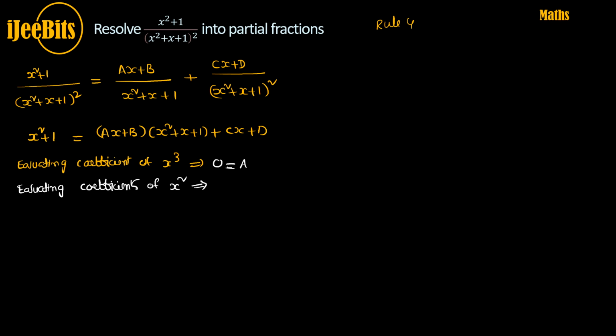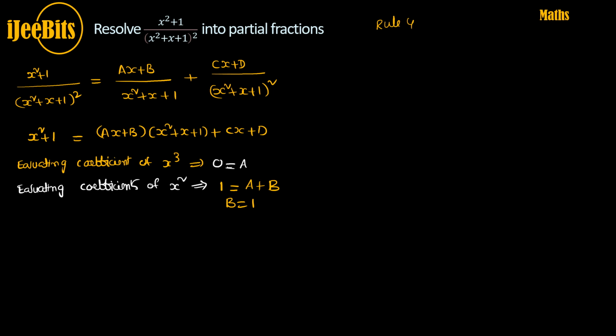On the left side, the coefficient is 1 for x square, so you get 1 equal to the right side: ax into x, ax square, right? This is a plus b into x square. This is one term, just b, right? And hence b equal to 1, because a is equal to 0.